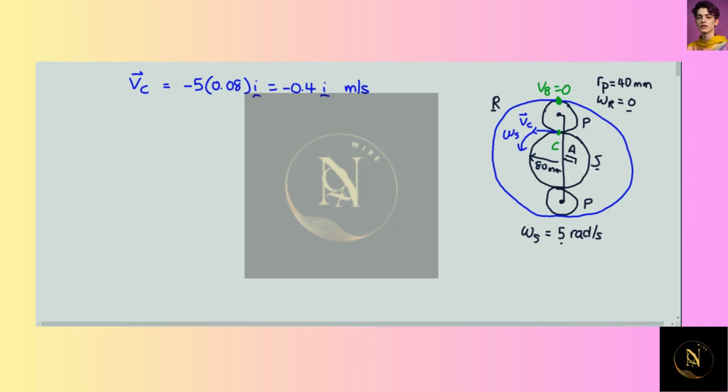And then we know that VB is 0, because the ring gear is at rest.